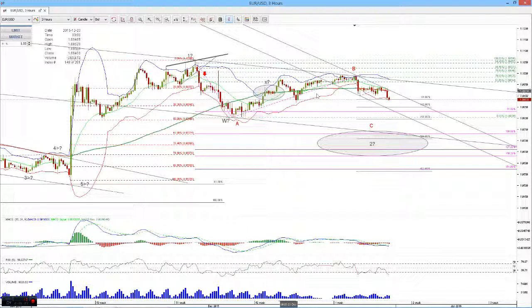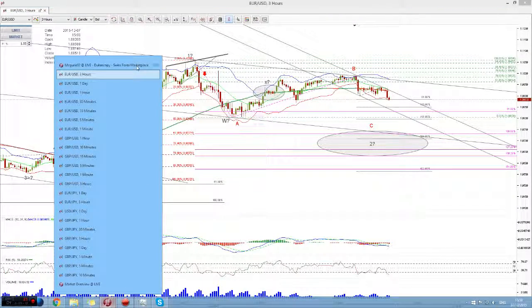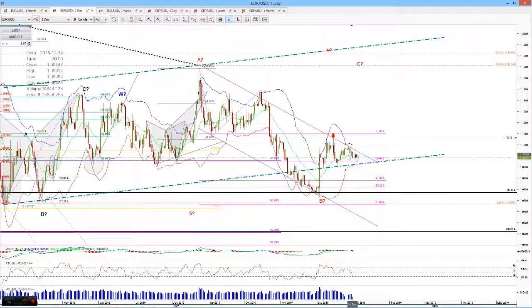Afterwards, once this is completed, I'm expecting the market to reverse and start climbing to the upside, as mentioned before. So most probably a C wave to the upside.